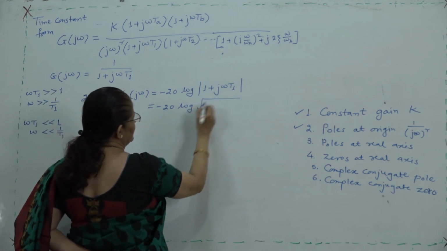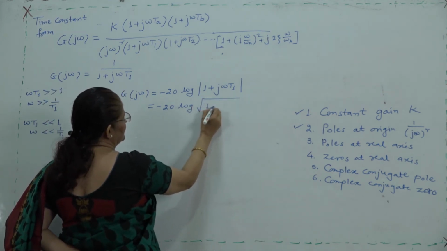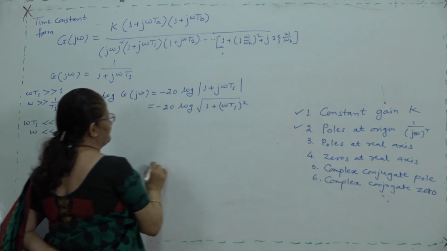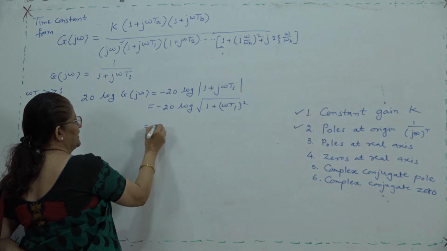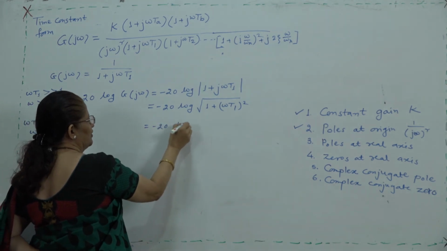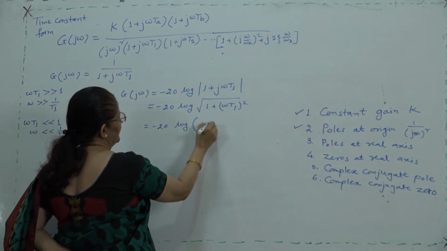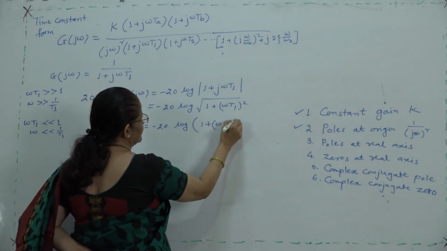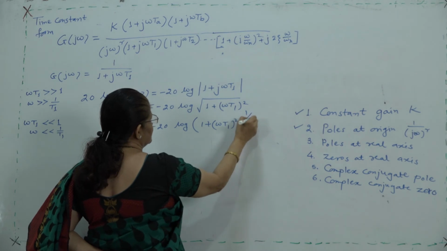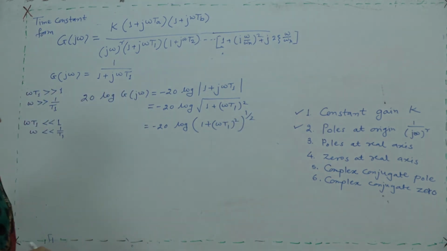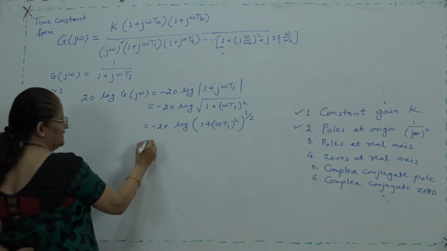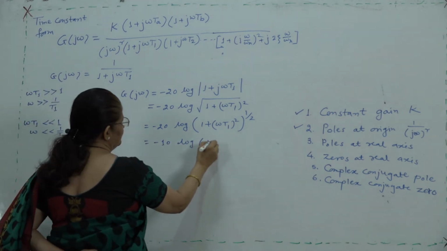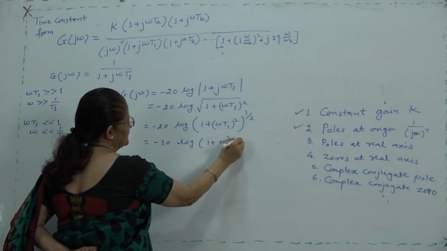So, you will get under root 1 plus omega t1 square. The same we can write minus 20 log of 1 plus omega t1 square raised to half. So, what you will get here? Minus 10 log of 1 plus omega square t1 square.